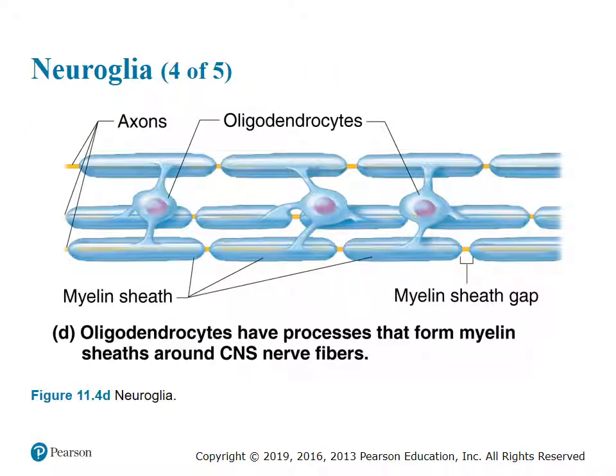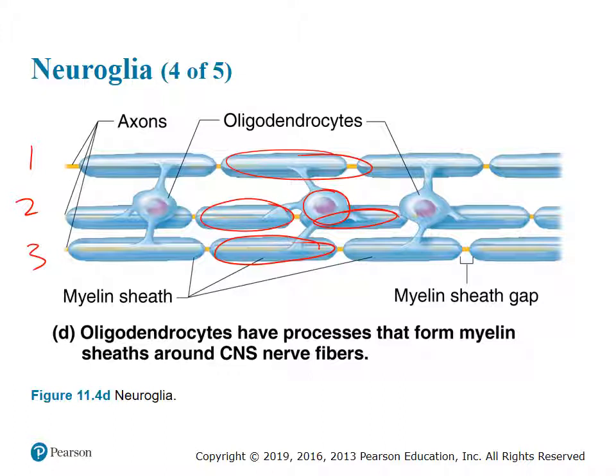Here you can see 3 oligodendrocytes wrapping around not just one neuron, but several. We'll just look at that one. You can see it wrapping here, there, there. So it wraps 3 different neurons, and in fact a certain part of the neuron we call an axon, which we'll get into when we cover all the parts of a neuron.